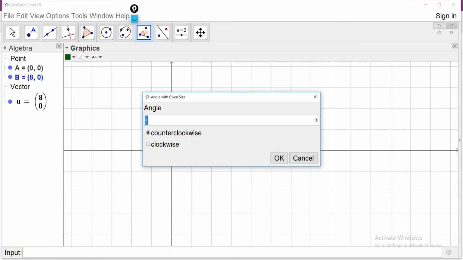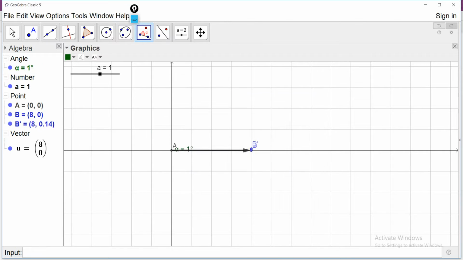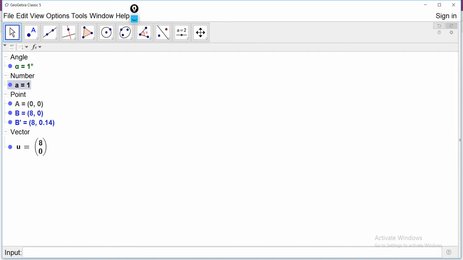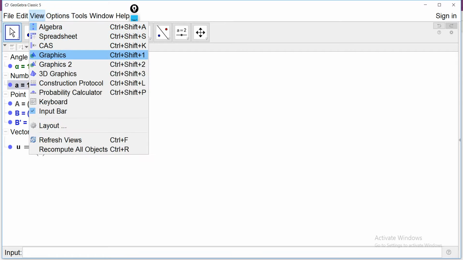Maybe we can go lowercase a. Let's make this go from negative 720 up to positive 720, and let's go by increments of 10 degrees.